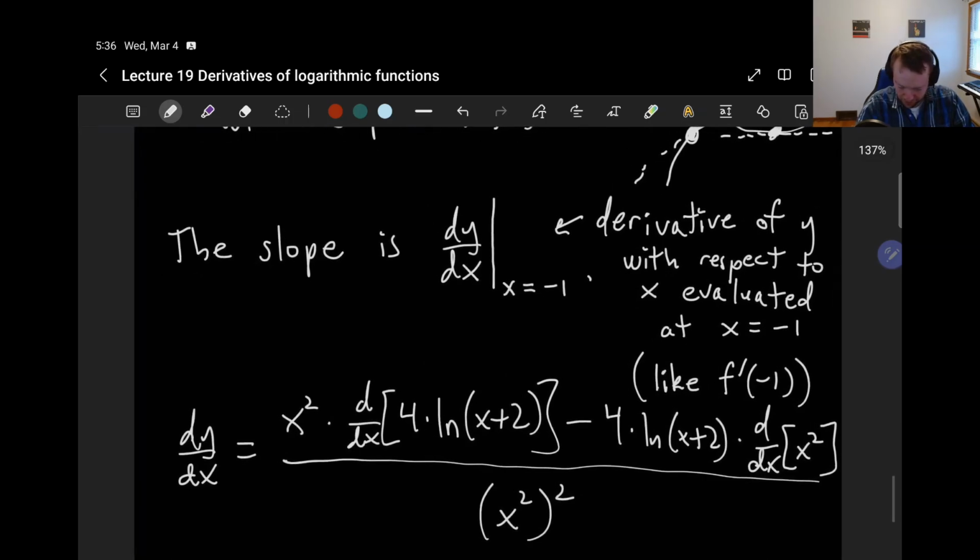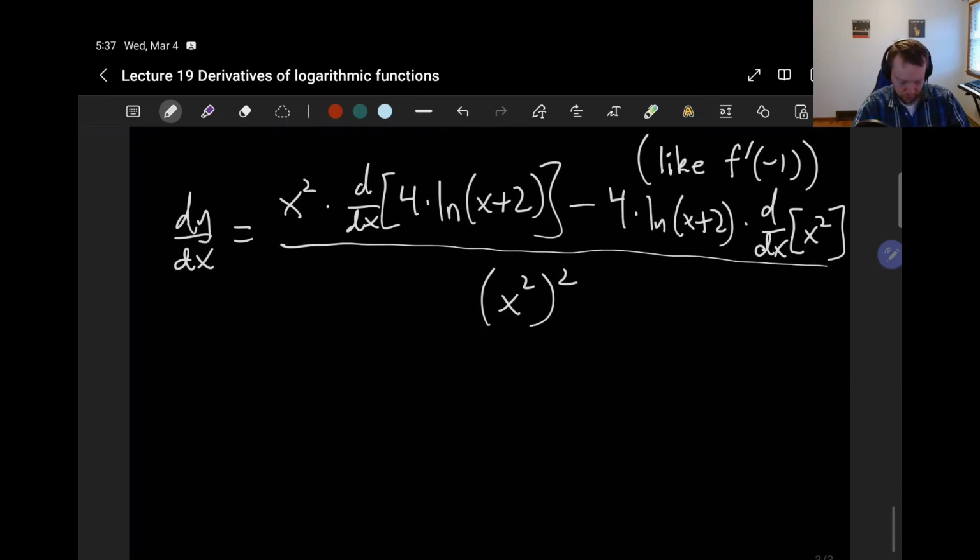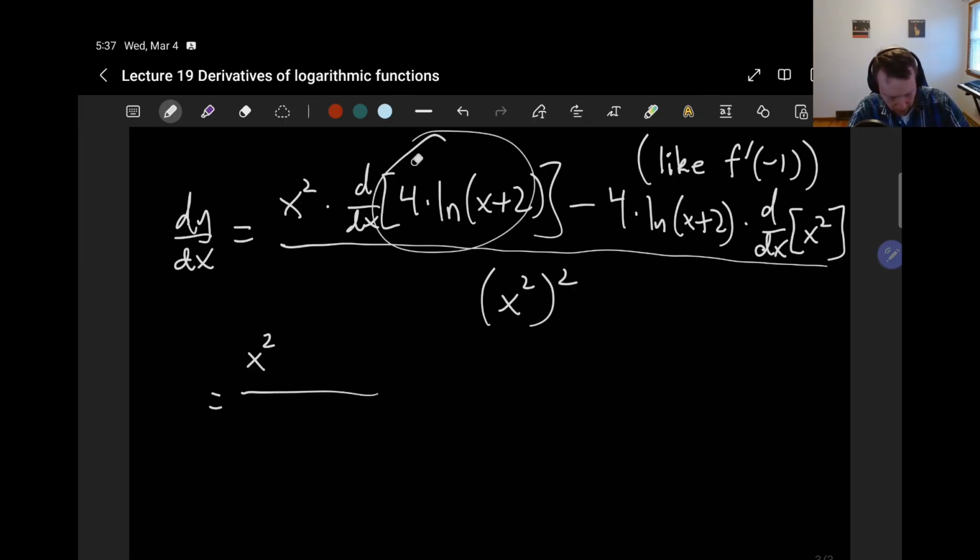Okay, now I don't need to scroll up again. We have x squared times this derivative. That 4 will just be strung along. It's just a scalar multiple. So ln is the outside function here. This is chain rule.